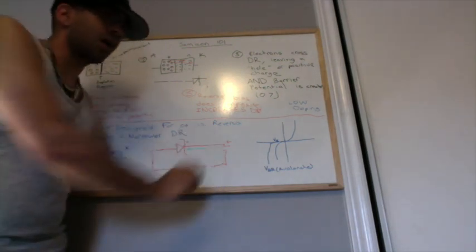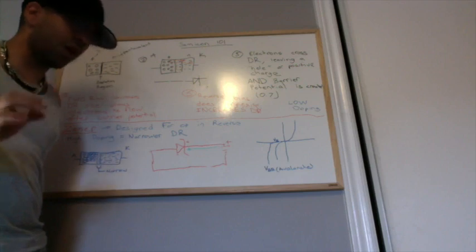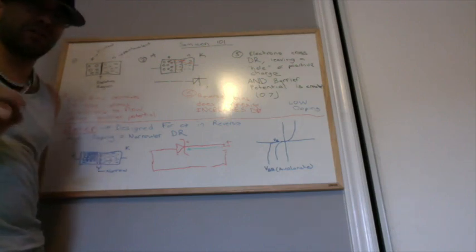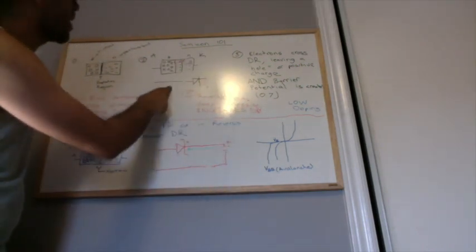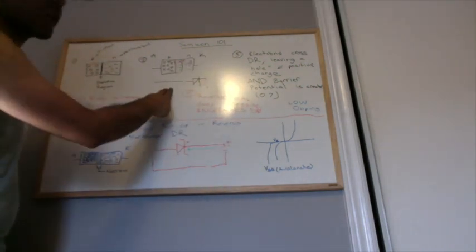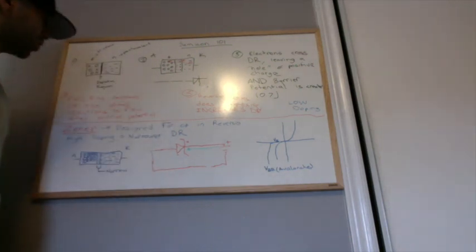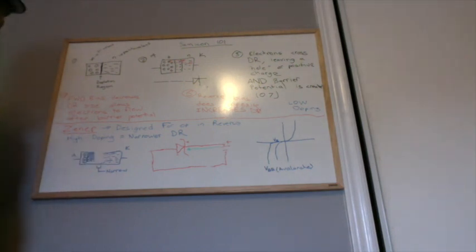The VBR of a Zener diode is actually most commonly scientifically known as the avalanche voltage. The avalanche voltage is kind of the same as reverse biasing a regular diode extremely hard and pushing so much voltage through that you just burn it open.